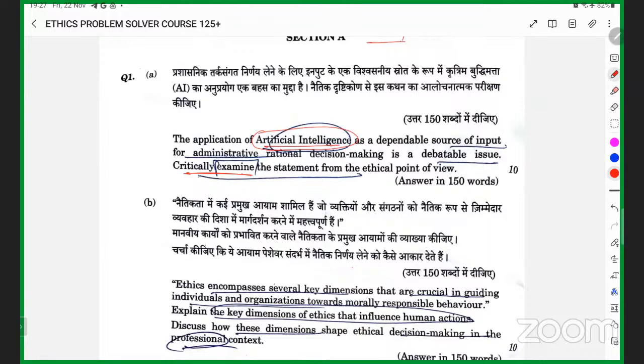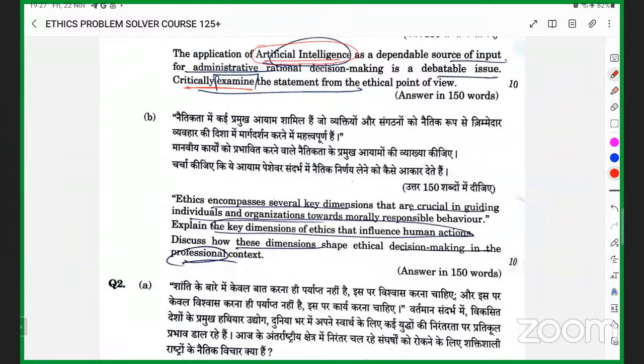Again, some challenge here. Second question: ethics encompasses several key dimensions that are crucial in guiding individuals and organizations towards morally responsible behavior. Explain the key dimensions of ethics that influence human actions and how these dimensions shape ethical decision making in professional context.